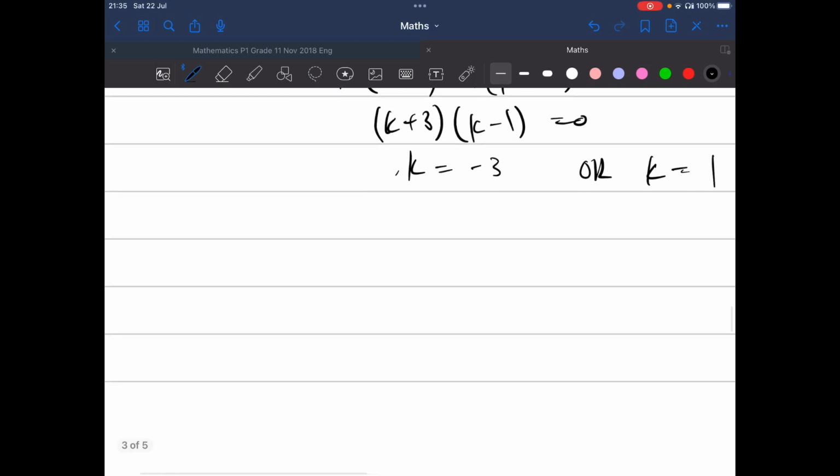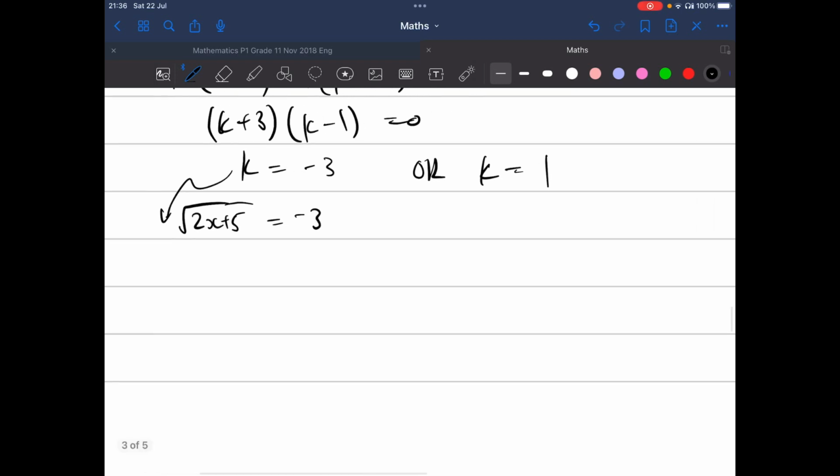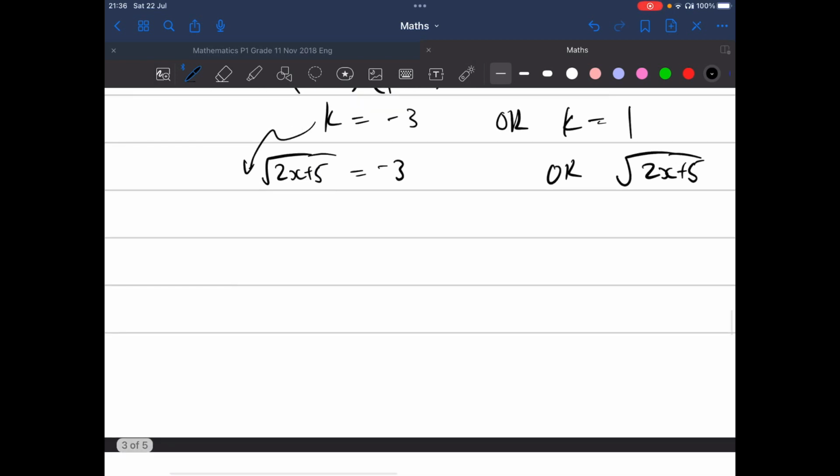So now we're going to take each of these equations and equate them to our original thing. So we can say root of 2x plus 5 equals minus 3, or the root of 2x plus 5 equals 1.